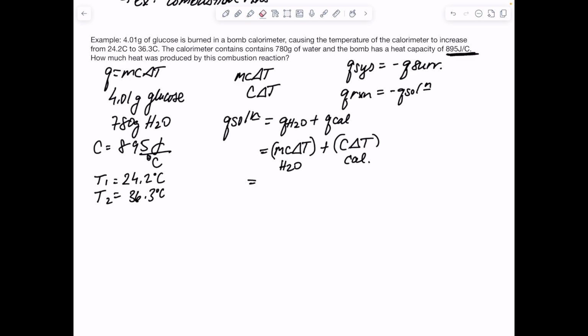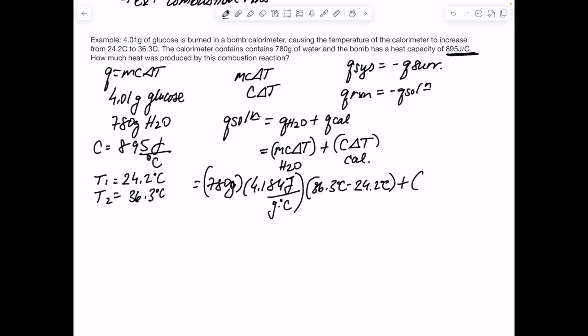If we were to plug all of that in, we're going to get 780 grams, C of water, 4.184, delta T, 24.2, plus C of the bomb calorimeter, so capital C, joules per degree Celsius, times the difference in temperature.